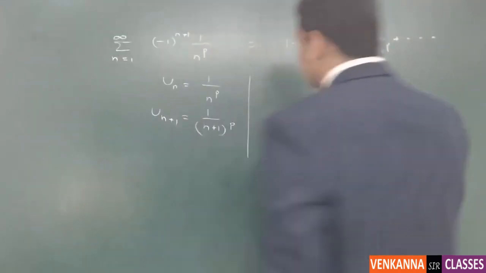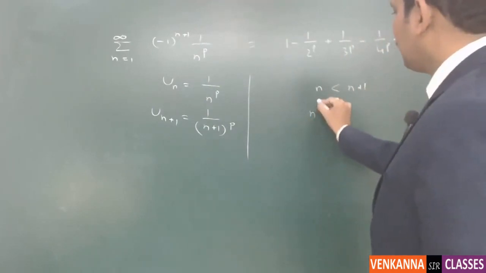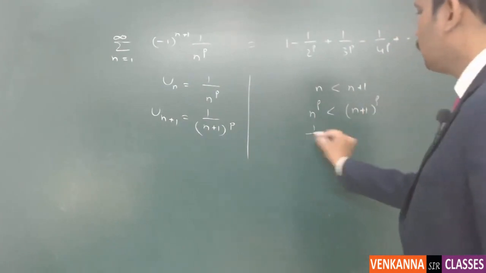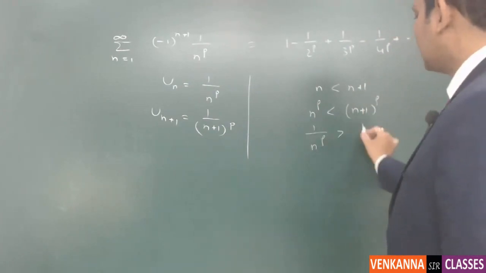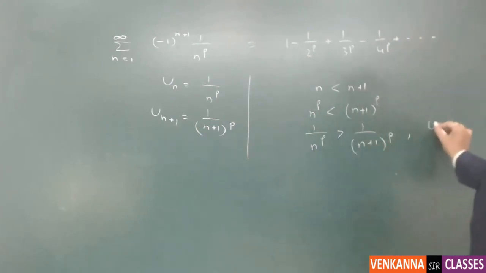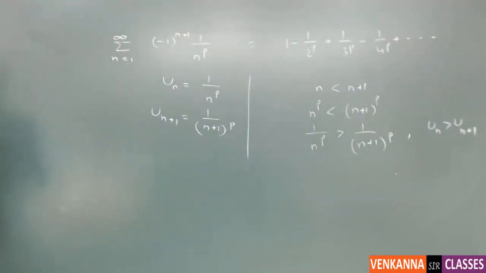Since n is less than n plus 1, n power p is less than n plus 1 whole power p. So 1 by n power p is greater than 1 by n plus 1 whole power p, which is nothing but un is greater than un plus 1. Agreed? Since un is greater than un plus 1, it is a decreasing sequence.